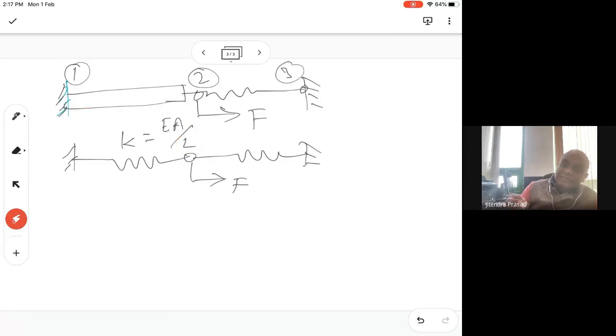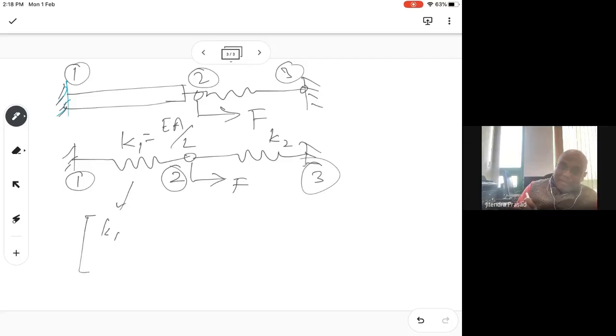Now, given this kind of system, how to solve it? Let's call this one K1 and this one K2. We have node 1 here, then 2, and then 3. Now you will find the stiffness matrix for each element. For the first you get K1, minus K1, minus K1, K1.